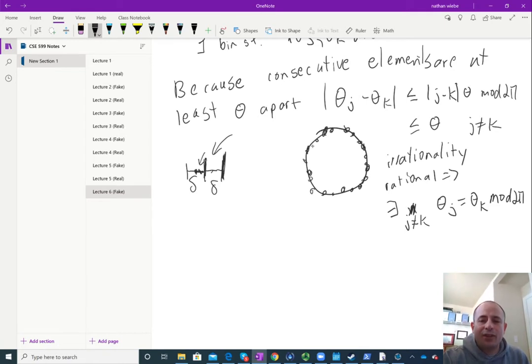And that's the idea. And so we just repeat this enough times until we finally end up getting 2 points that are going to be distance epsilon apart.